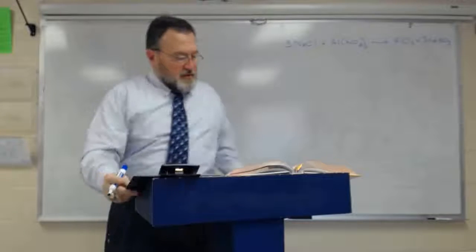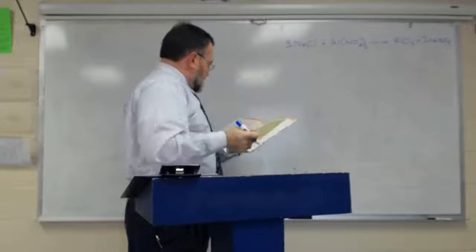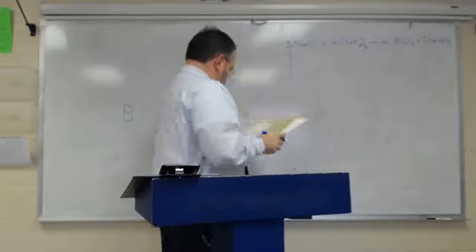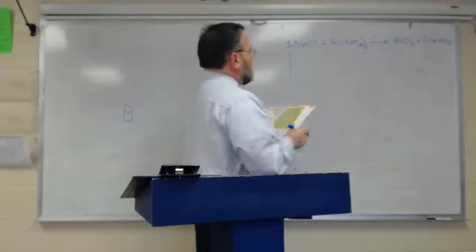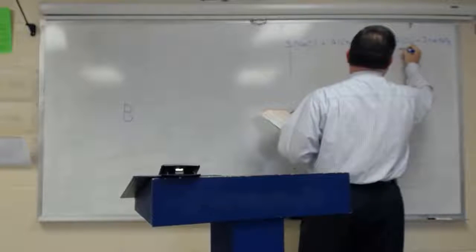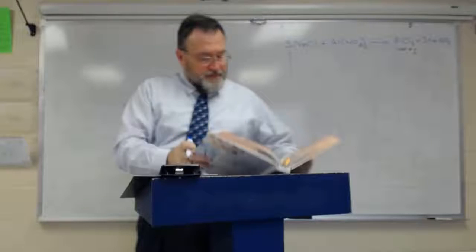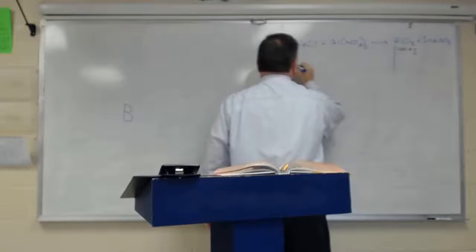Okay. The question says, how many liters of 0.25 molar sodium chloride, so we're going to be dealing with this, will be necessary to make 100 grams of that. So these are the 2 molecules in question.